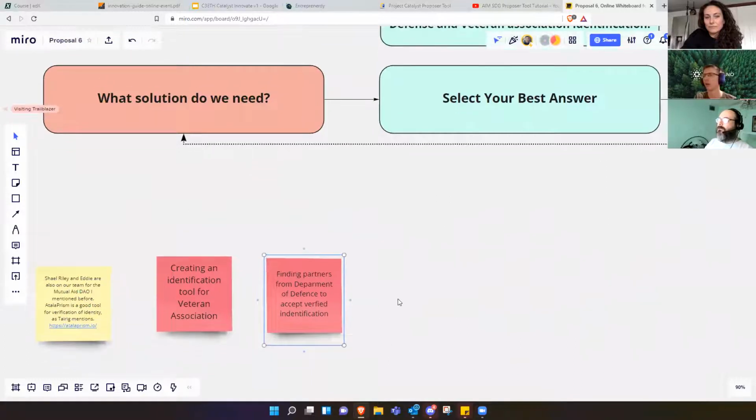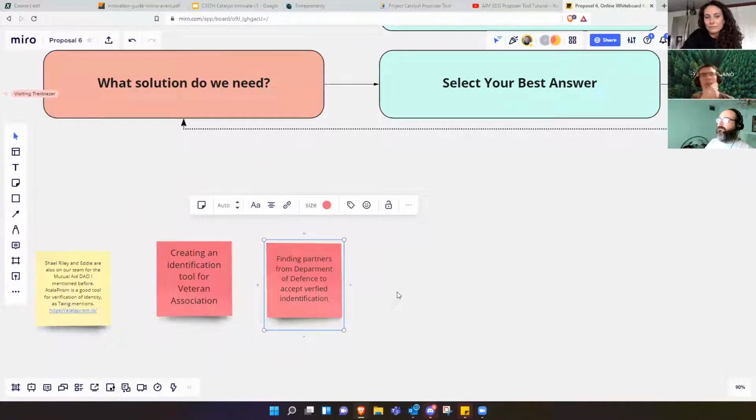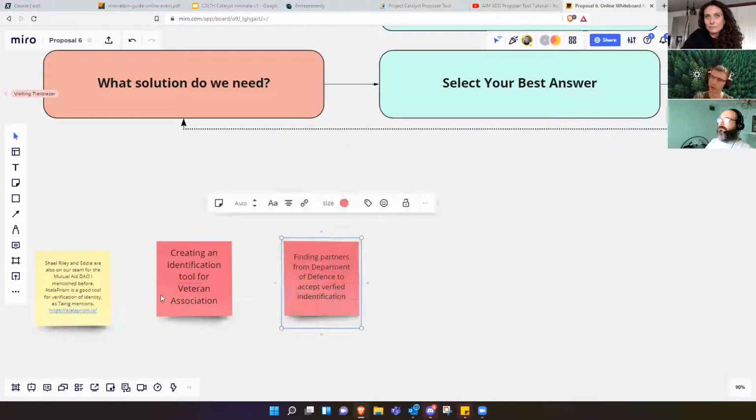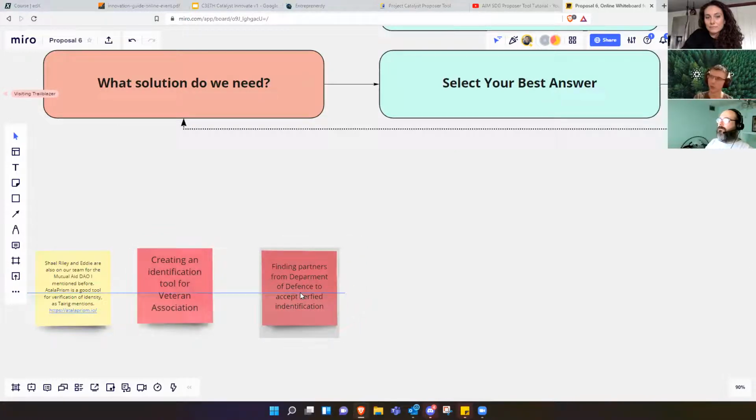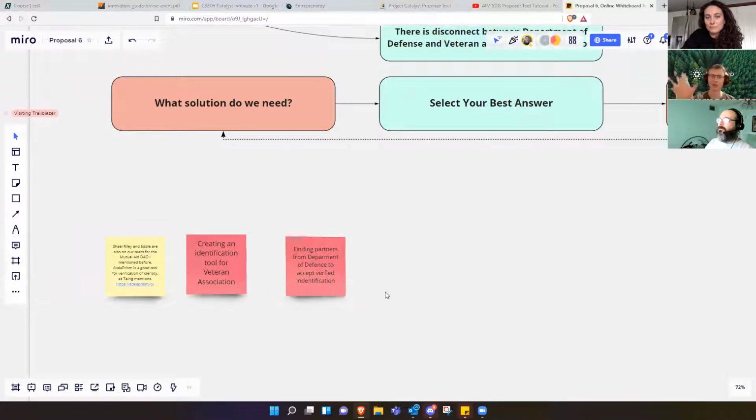Would there be anything more important than that? If not, I think this would be a required solution. This is the goal. So how would you solve this?